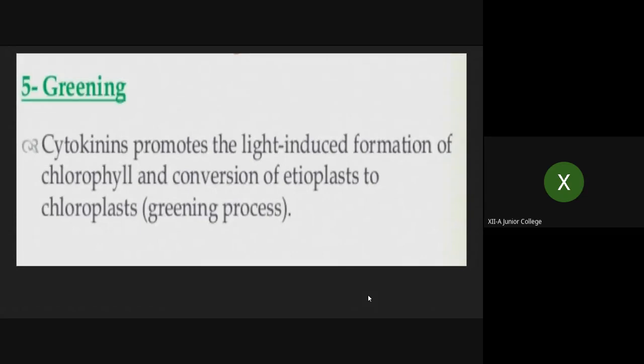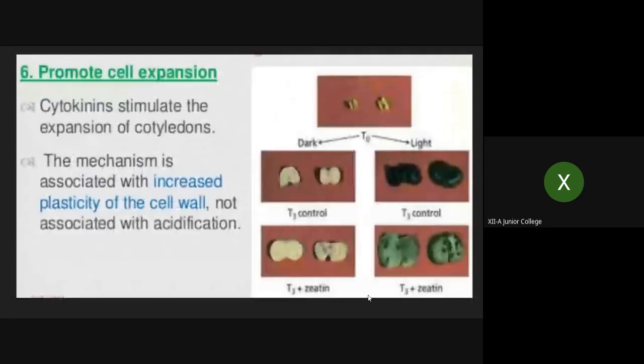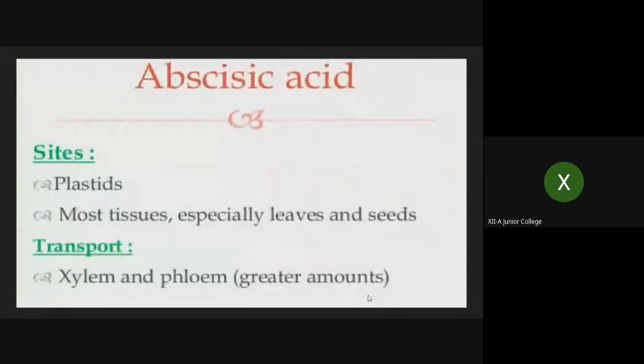That is what is called greening. And they promote cell expansion, that is also very important, that it stimulates the expansion of cotyledons, and the mechanism is associated with increased plasticity of the cell wall and not associated with acidification. That was first associated with the application of auxins, acidification and all, but here only the plasticity of the cell wall is increased. Just remember that it promotes cell expansion. Expansion is because of the plasticity, isn't it?